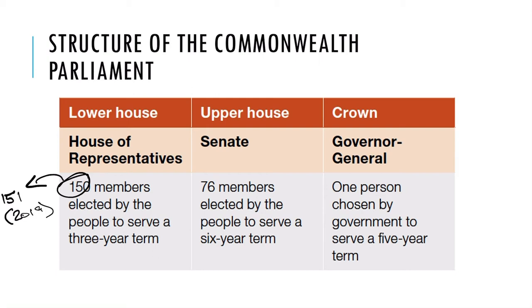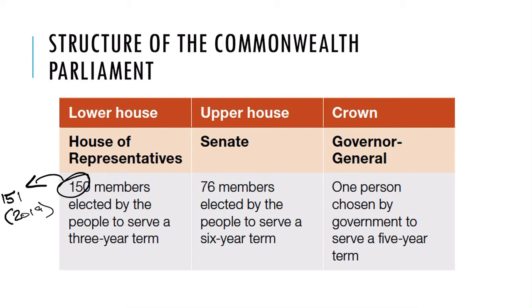So there are 151 members elected by the people to serve roughly a 3-year term, but that date might change depending on when the Prime Minister calls an election. The Senate has 76 members elected by the people to serve a 6-year term, so a slightly longer term than those in the House of Representatives.